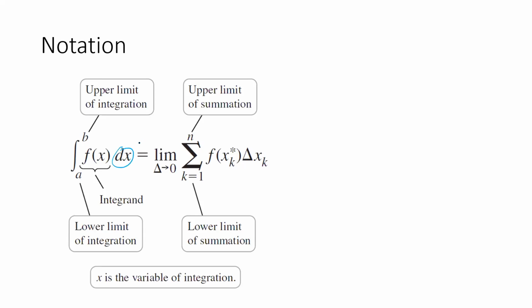So this just reminds us of the variable. But notice it doesn't really tell us much other than what variable we're integrating with respect to. It will play an important role when we're finding antiderivatives later on. So it's something that we always have to have there, but this is the function that we're finding the area under, and a to b would be the left and the right endpoints.